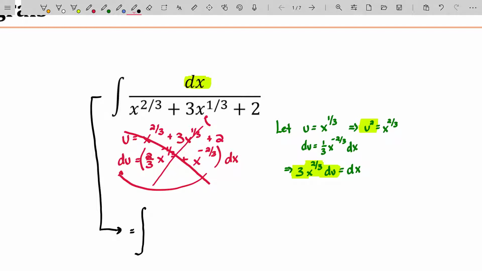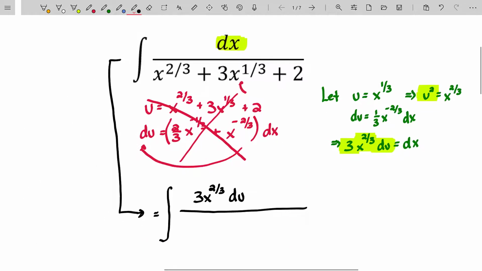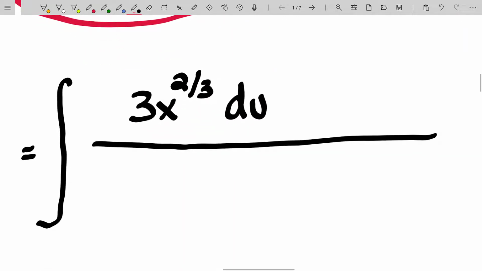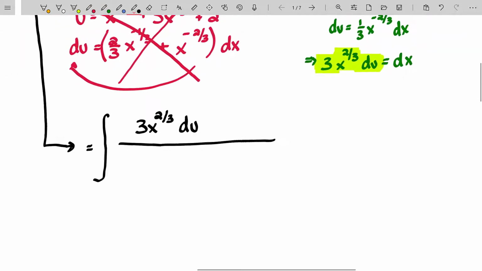Again, dx, we'll trade that out right now. Before I continue, I just want to mention dx gets traded out for du, but our integral is now improper. That's not the right definition of what an improper integral is, but our integral is in poor form. How's that? Because it has a mixture of variables. We don't want that. So just to let you know, you cannot operate on this integral. You'll need to exchange that x to the 2/3 for some value of u before you can compute anything here.